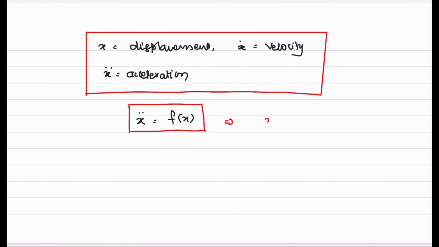That implies acceleration minus a function of x is equal to 0. Please try to follow it carefully.